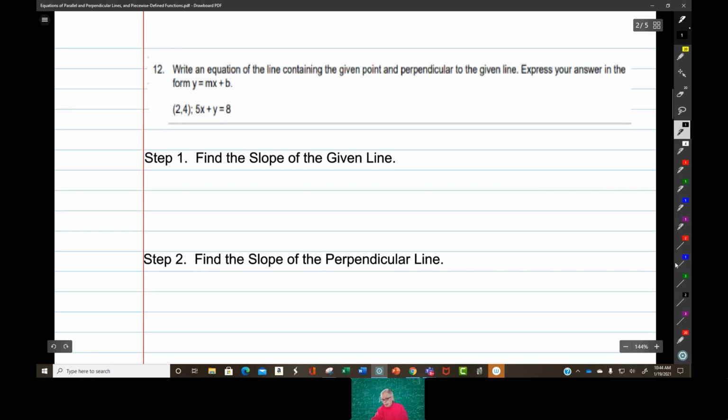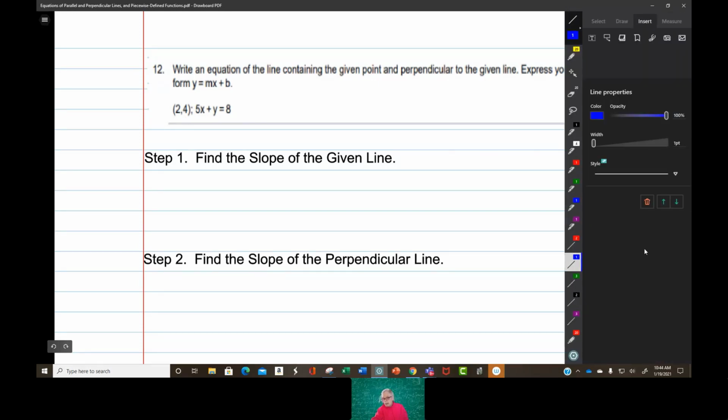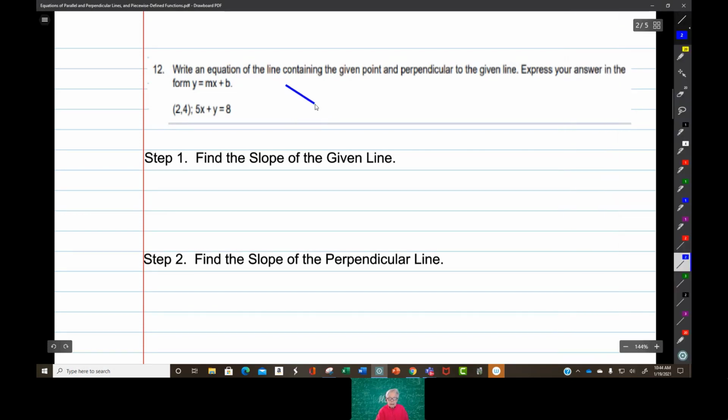But let me, there, this needs to be bigger. There. Okay, 5x plus y equals 8 is going to look like that, basically.